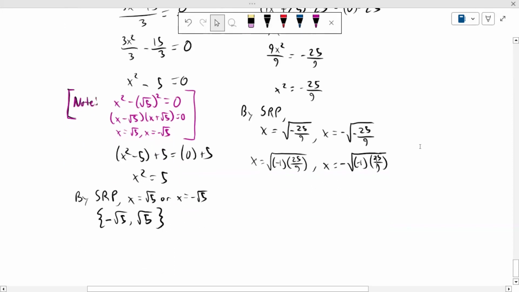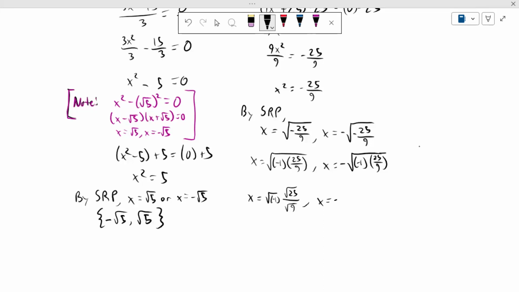Let's recall that square roots distribute over products and quotients. So x is equal to the square root of negative 1 times the square root of 25 divided by the square root of 9. Same thing here: x is equal to negative square root of negative 1 times the square root of 25 over the square root of 9.